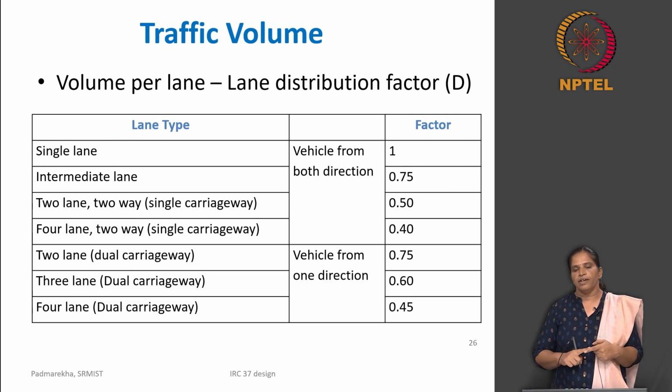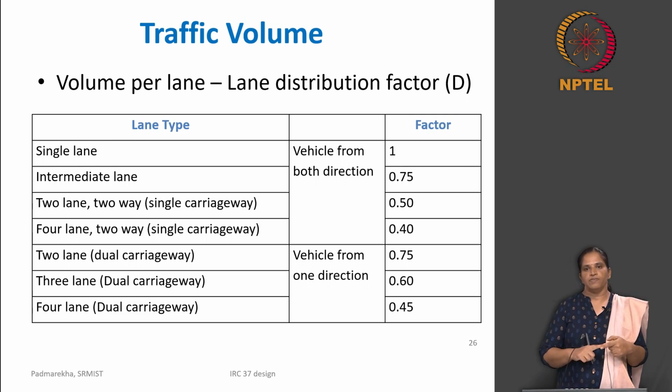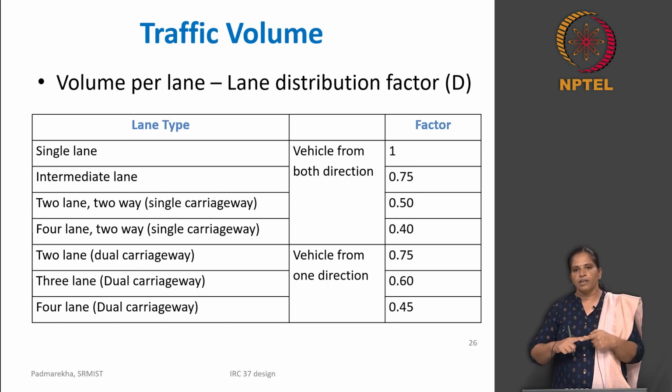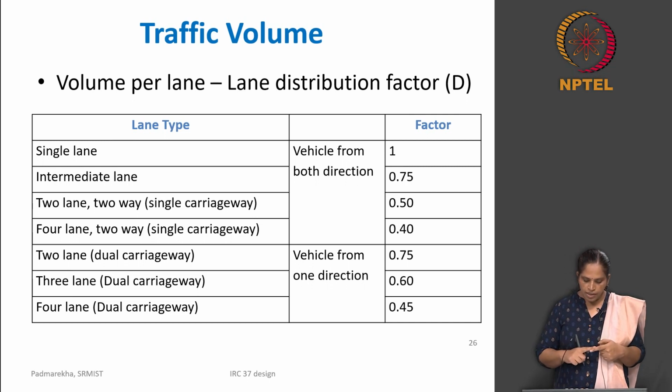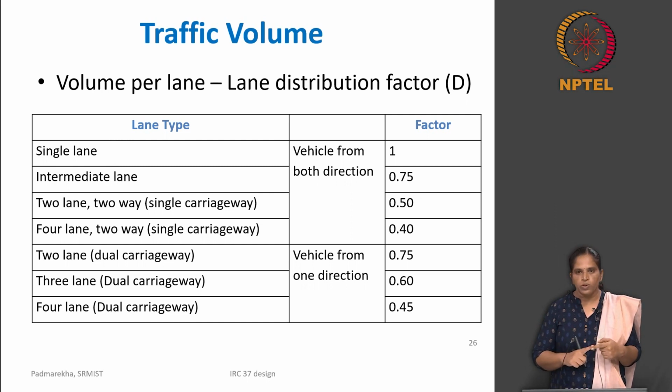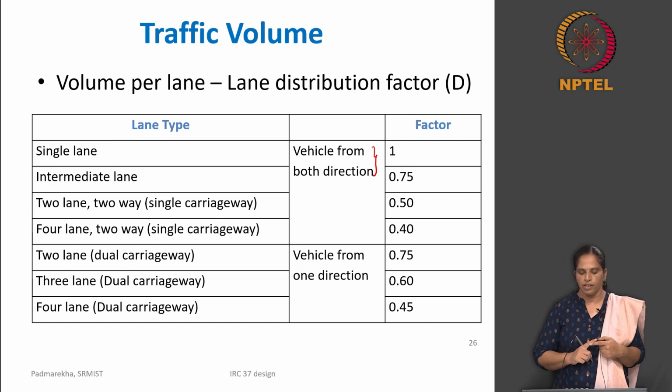We can see that depending on whether the highway is a divided highway or undivided highway, we use vehicles computed from both the directions or from one direction. In case it is an undivided highway, use the sum of vehicles from both the directions and apply the lane distribution factor to this volume considered in both the directions.